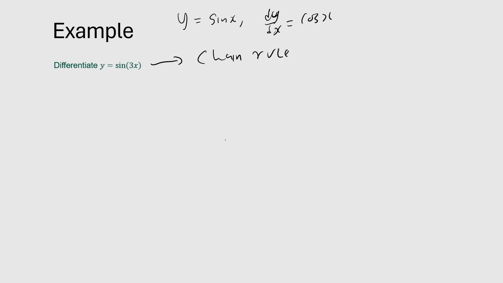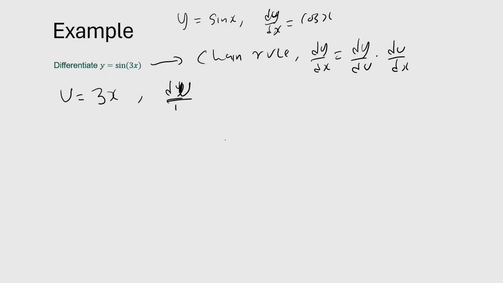Chain rule, remember, is dy over dx equals dy over du times du over dx. For this case, we set our u to be the inner function, which is 3x. Then we differentiate du with respect to dx, and since it's just a constant times x to the power 1, it will just be the constant.